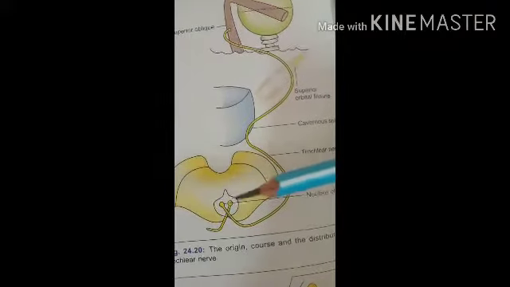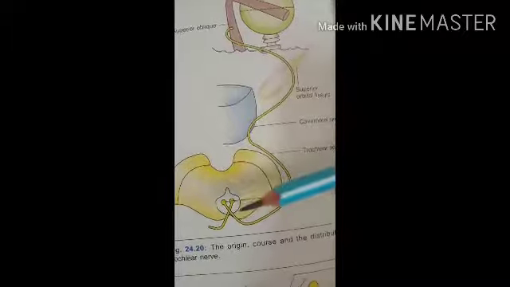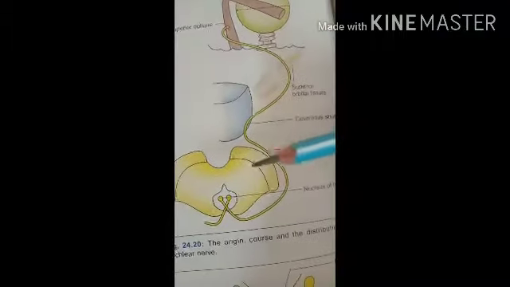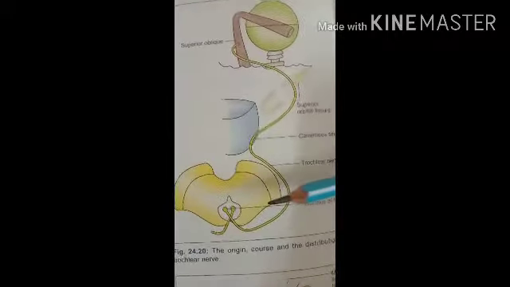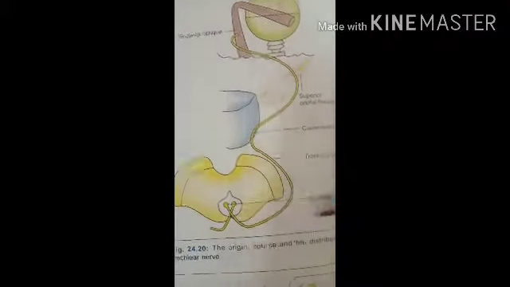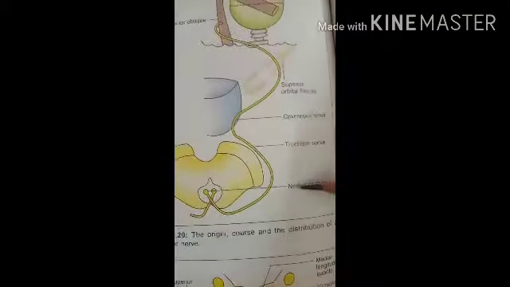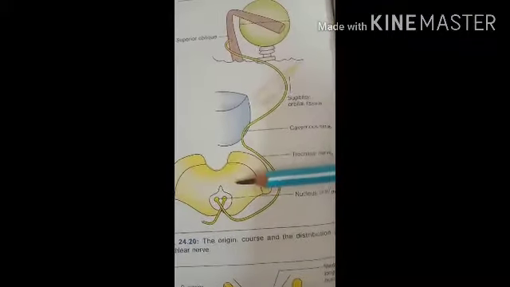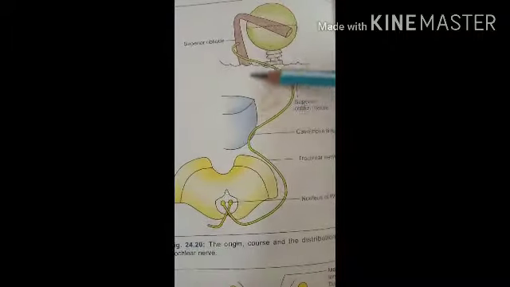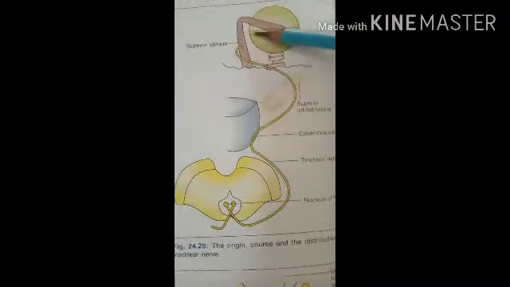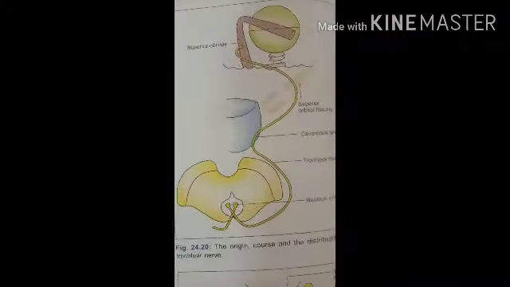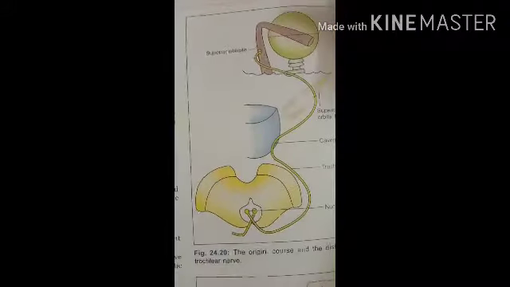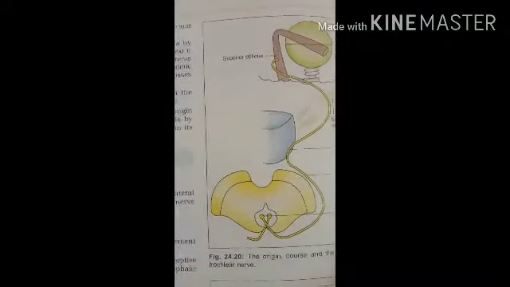Then let's see the functional components of the trochlear nerve and the nuclei. The general somatic efferent fiber arises from the trochlear nucleus. Here you can see the trochlear nucleus is present in the midbrain and supplies the superior oblique muscle of the eyeball. Then let's see the course, relations and distribution of the nerve.